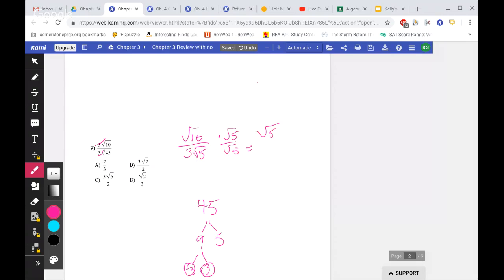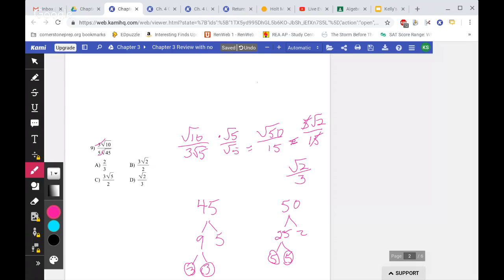So that gives me root 50 over, and then root 5 times root 5 gives me a 5, and 5 times 3 is 15. And now I have to factor that 50, which factors to this. And I've got a pair of 5s that I can pull out. So that's going to be 5 times the square root of 2 over 15. And then this actually reduces to root 2 over 3.